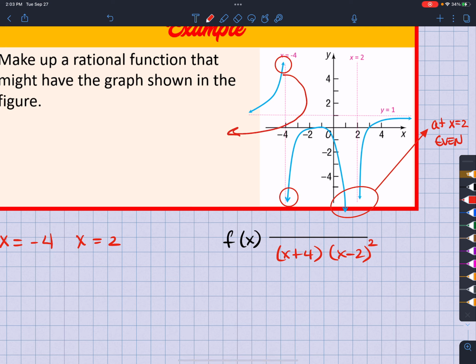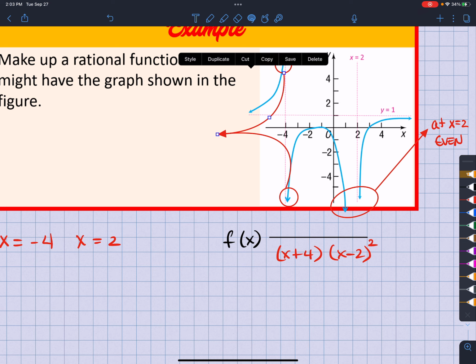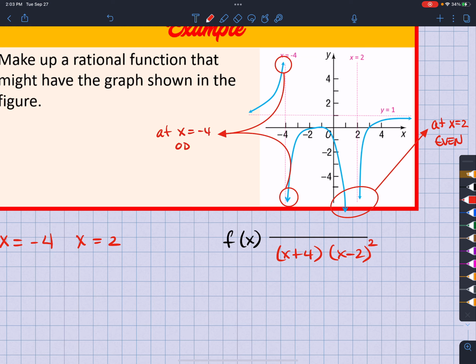So since these are pointing in opposite directions, I know that at x equals -4, it's going to be odd. And the smallest odd I know is the first power. So there I go, to the first power.